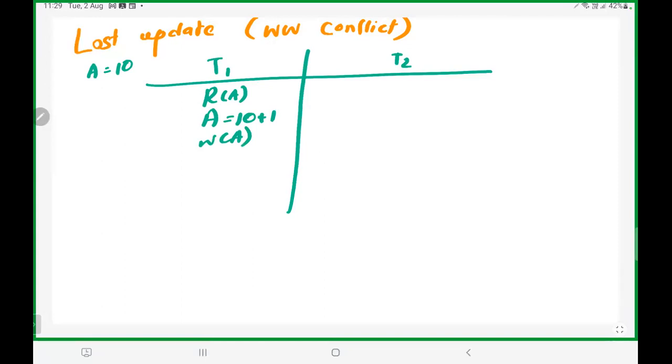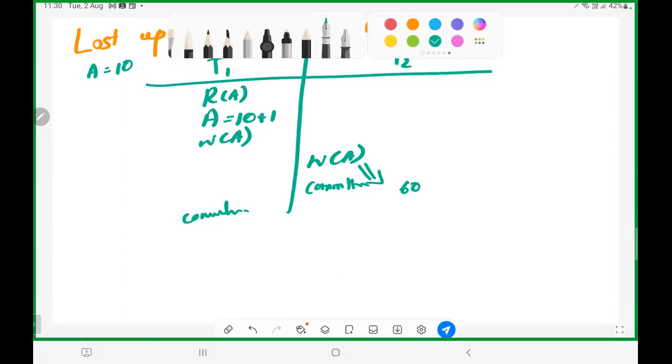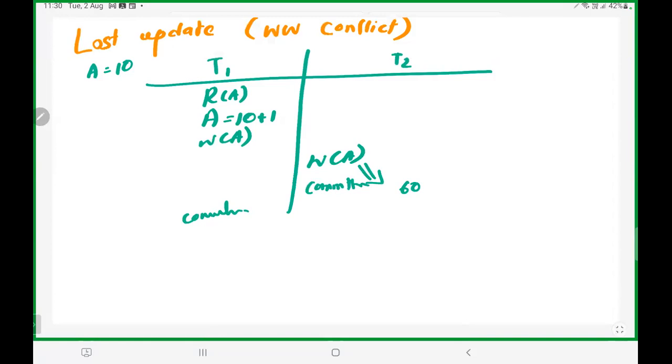T2, without reading, just writes A as 60 and commits, and this side also commits. It does not read, it directly writes 60, like depositing money into an account without checking the account. We call this kind of write a blind write: without reading, they write values.